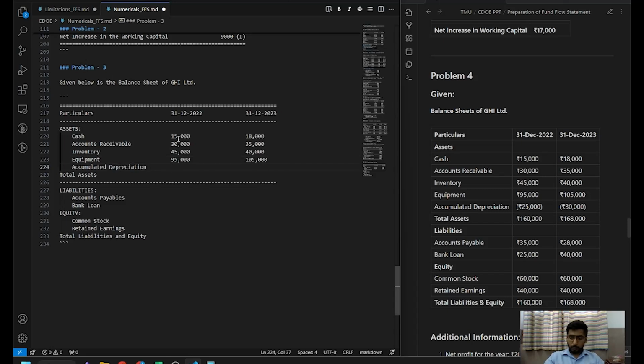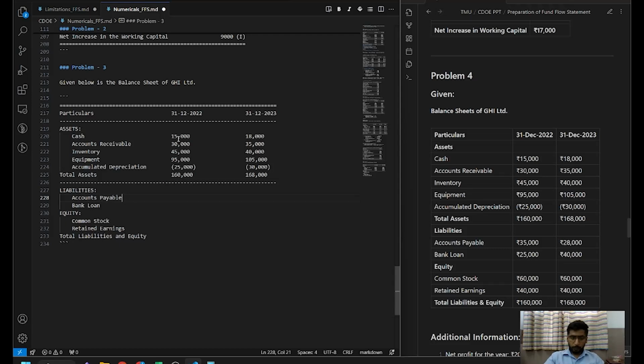Accumulated depreciation amounts to rupees 25,000 for the year 2022 and 30,000 for the year 2023. Making my total assets as 1,60,000 for the year 2022 and 1,68,000 for the year 2023.